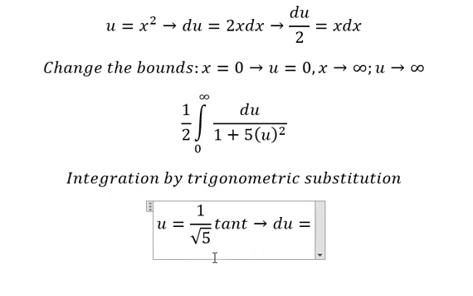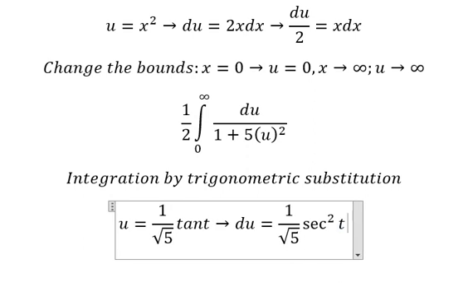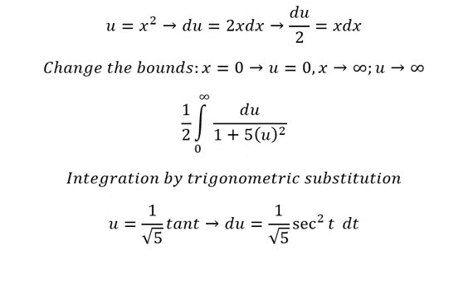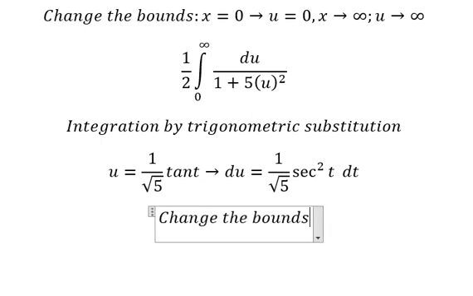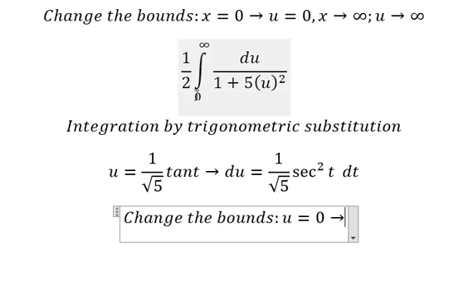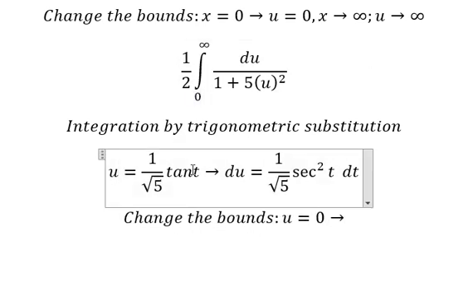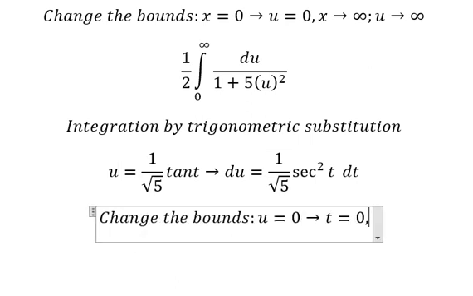Now we need to take the derivative of both sides, and you get it like this. Now we need to change the bounds. So when u equals 0, we have t equals 0.